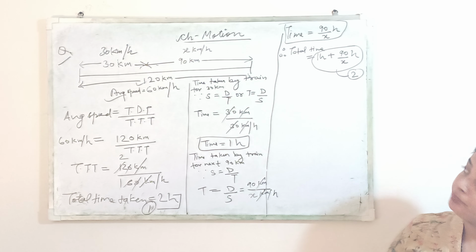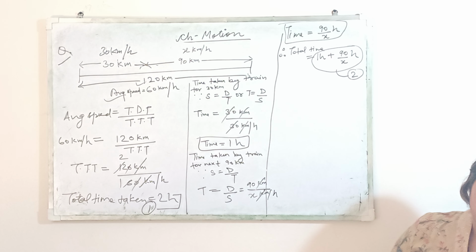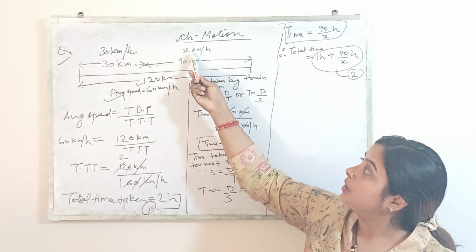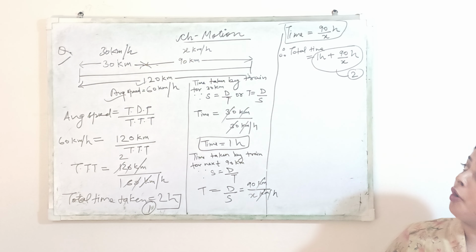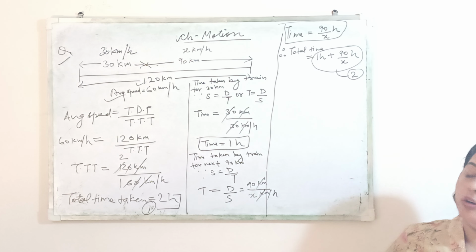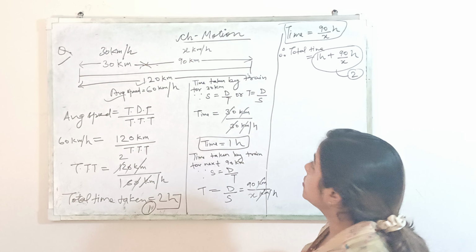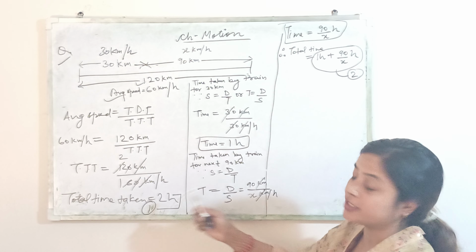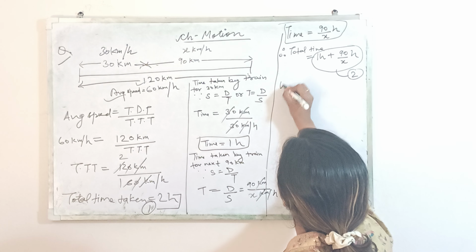What we have to calculate is the value of x, that is the speed of the body for 90 kilometer per hour.